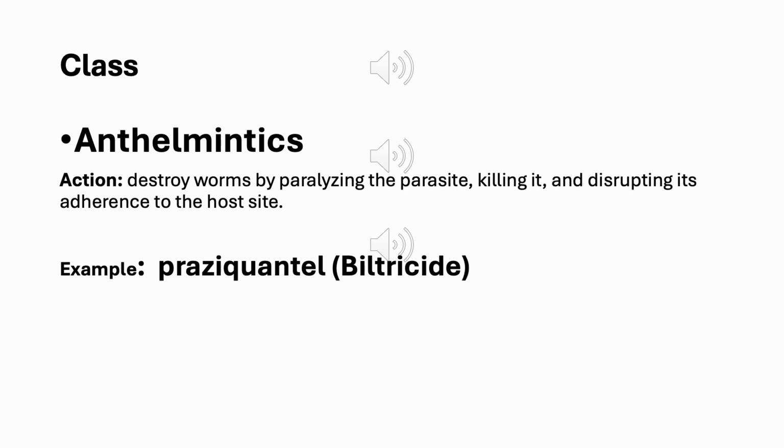This disrupts the cellular function necessary for the survival of the worm. It paralyzes certain kinds of roundworms. Praziquantel kills certain types of flukes and tapeworms by moving calcium into the cell membrane, which causes contraction and paralysis of the worm, dislodging it from the host site and killing it.